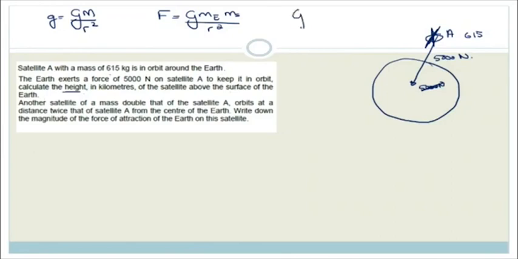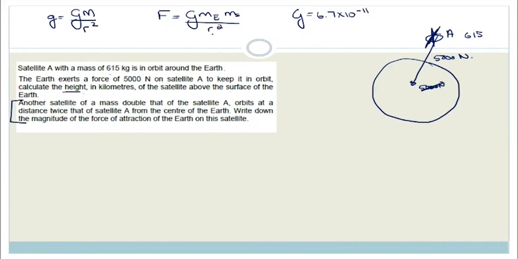And we've got big G is 6.7 times 10 to the minus 11. Now it says satellite A has a mass of 615 kilograms, is in orbit around the Earth, and the Earth exerts a force of 5,000 newtons on it to keep it in orbit. Calculate the height in kilometers of the satellite above the surface of the Earth. Okay, so this is the second question.